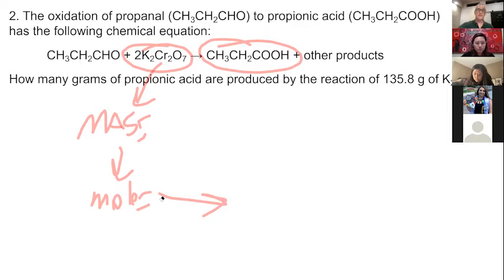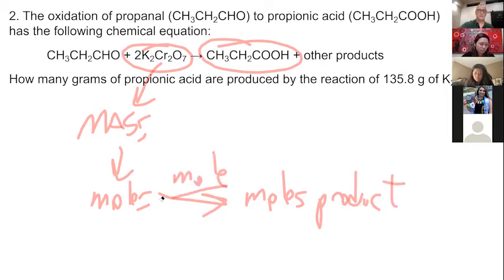Then we need to figure out how many moles of product we're going to get. That is a mole to mole ratio. That comes from the balanced equation. And then finally, when we have moles of product, we need to convert that back to mass. So there's three different calculations we need to do.